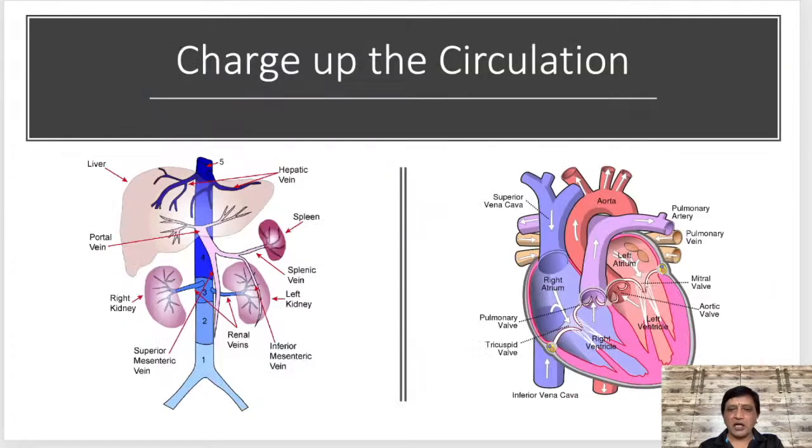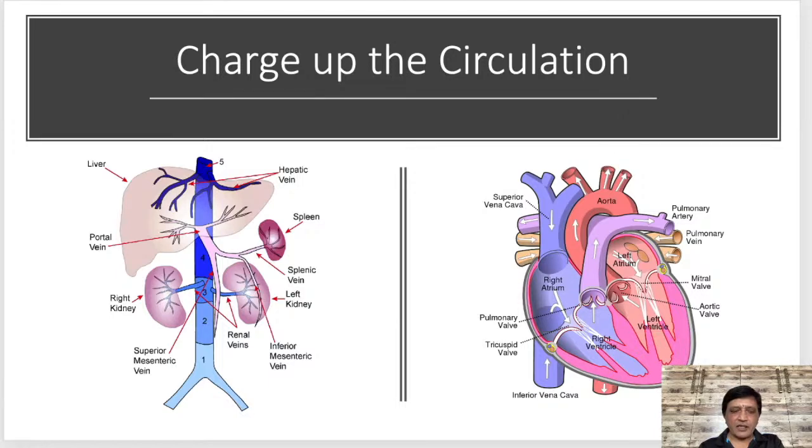The next one, charge up the circulation. It charges up the circulation. Just briefly, what you see is the blood vessel, the inferior vena cava, which brings the impure blood from lower extremities to the heart, the atrium of the heart, for getting oxygenated.